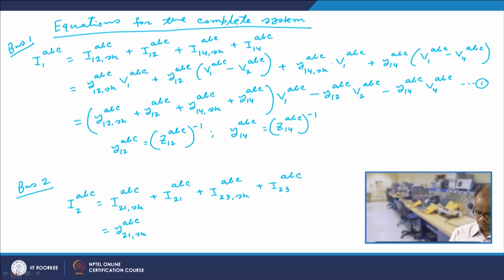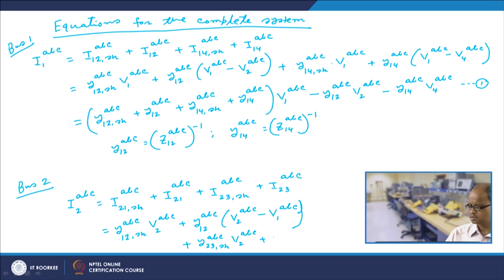So we should write y12 shunt ABC into V2 ABC plus y12 ABC into V2 ABC minus V1 ABC plus I23 shunt ABC is y23 shunt ABC into V2 ABC plus y23 ABC into V2 ABC minus V3 ABC.